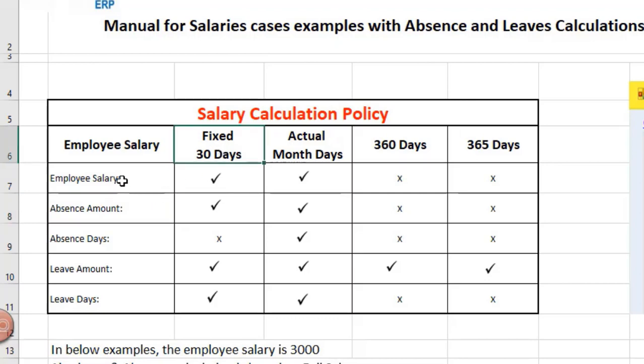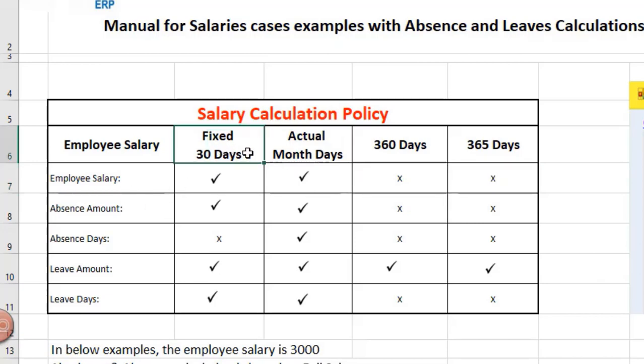So regarding the first one, the employee salary, as you can see here, it can be based on the fixed 30 days. Also, it can be based on the actual month days. However, 360 days is not applicable for the employee salary, and 365 days as well is not applicable. Now, what does this mean?